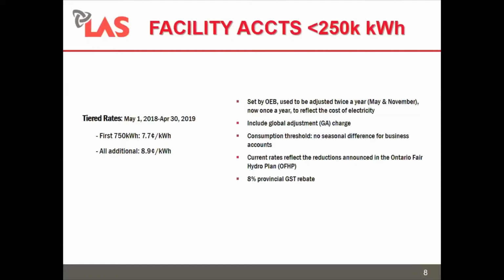And let me show the rate without the Ontario Fair Hydro Plan. For the two-tier rate, the first tier will be 11.8 instead of 7.7, and the second tier will be 13.8 instead of 8.9. So this is the rate and structure applied to different types of accounts, large and small, as we discussed in the past two slides.